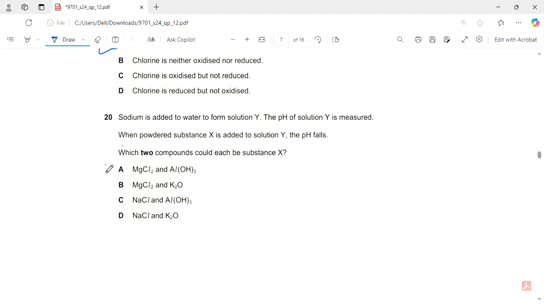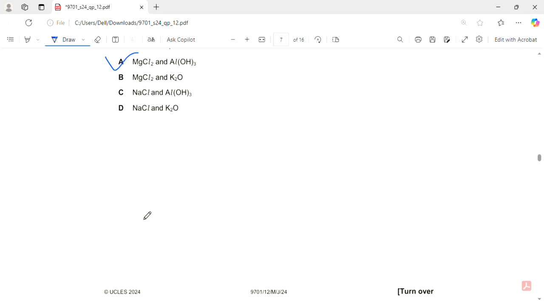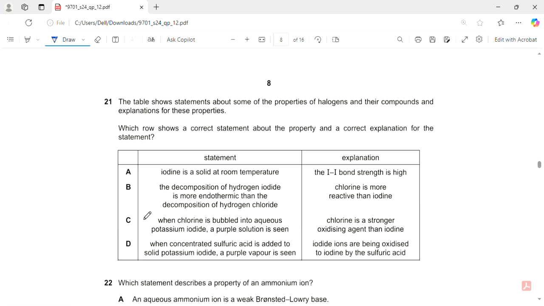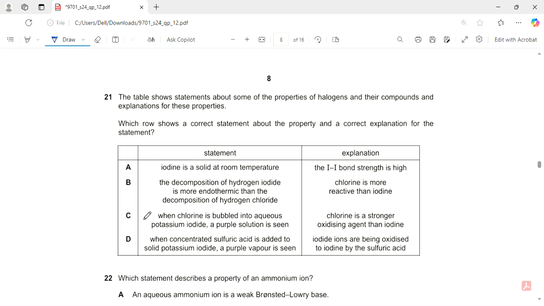So move to the next part. The table shows statements about some properties of the halogens and their compounds, and explanations for these properties. Which row shows the correct statement about the property and the correct explanation for the statement?